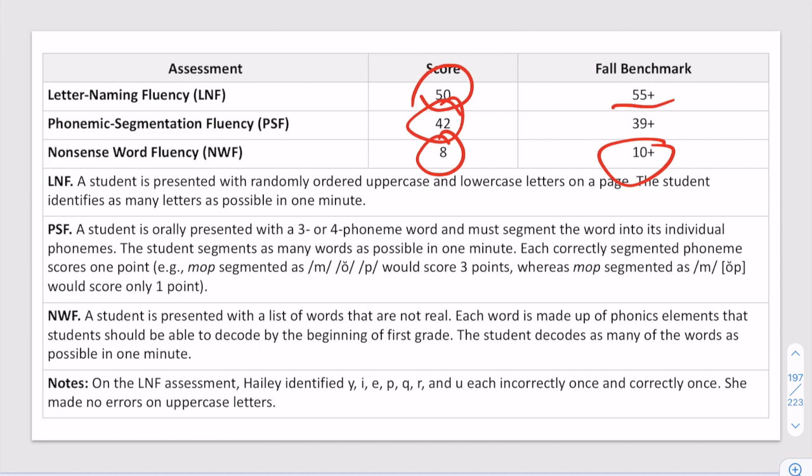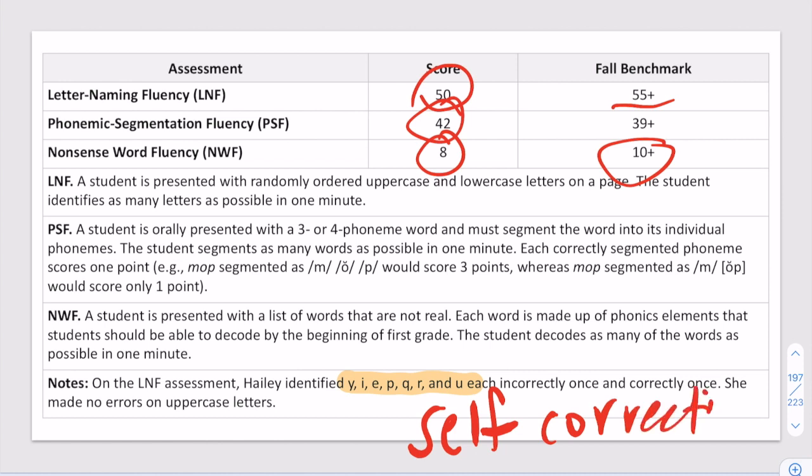All right. Let's see here. She identified these incorrectly once and correctly once. Okay, so again, she's self-correcting a little here. That's important to note. Let's make a note of that so we remember. She's doing some self-correcting. Okay. All right, so let's go ahead and move on and see what we can put together.